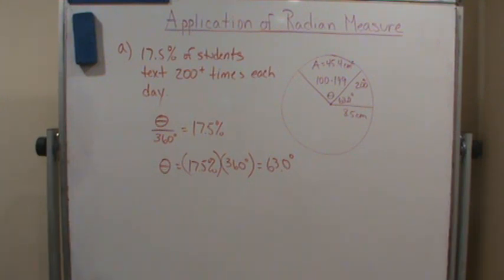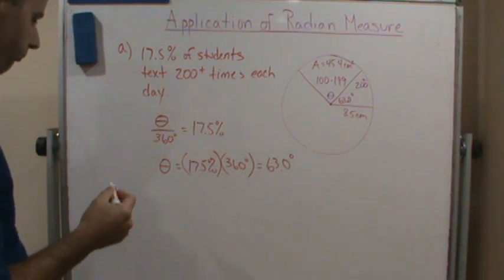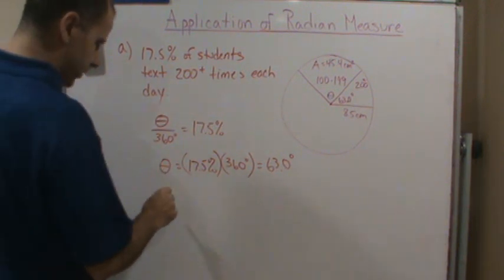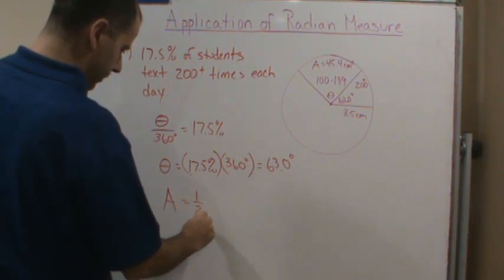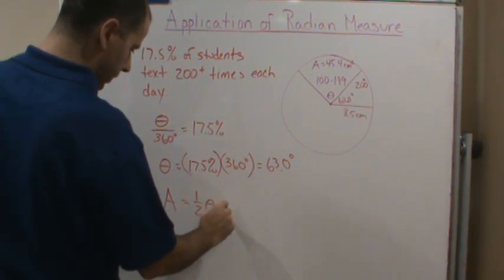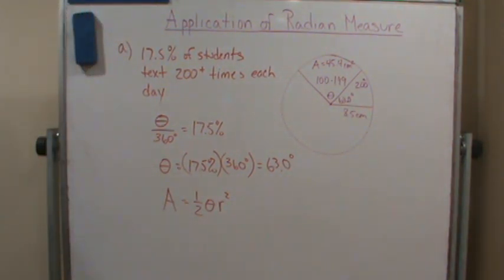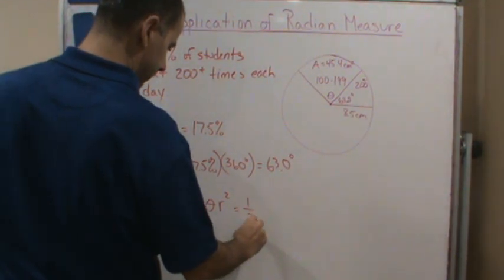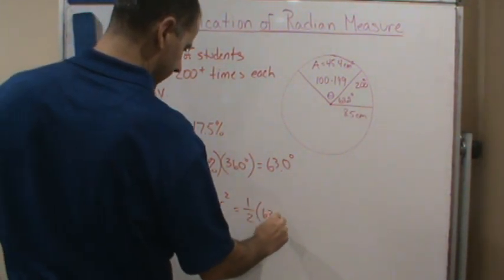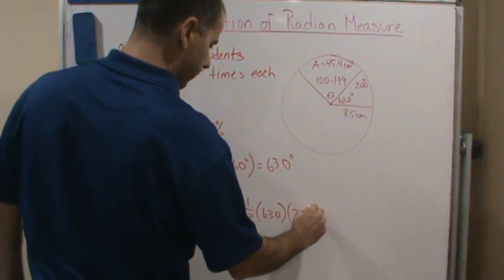Now we want to find the area of that sector. Well, what's the area of the sector? Again, that's going to be 1/2 theta r squared. So now all we do is take 1/2 of 63.0 times 8.5 squared.